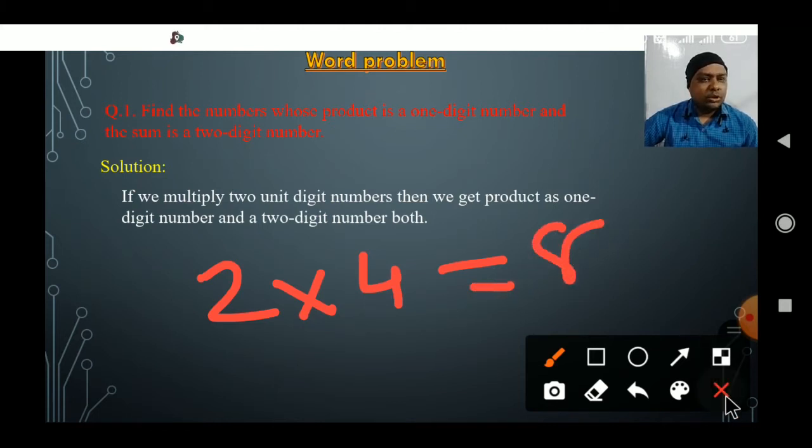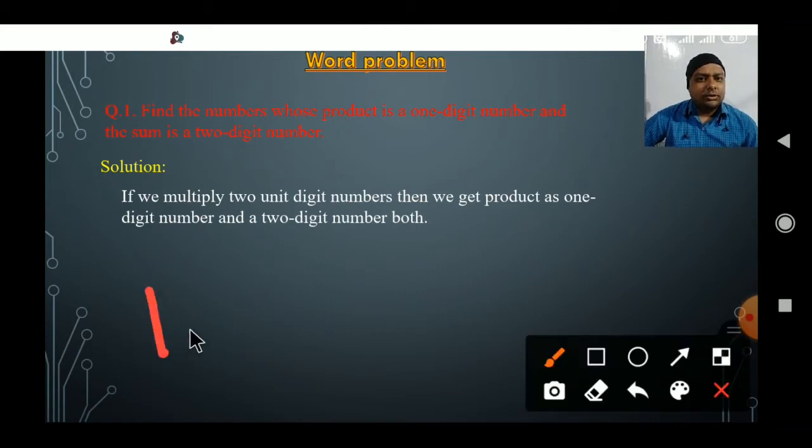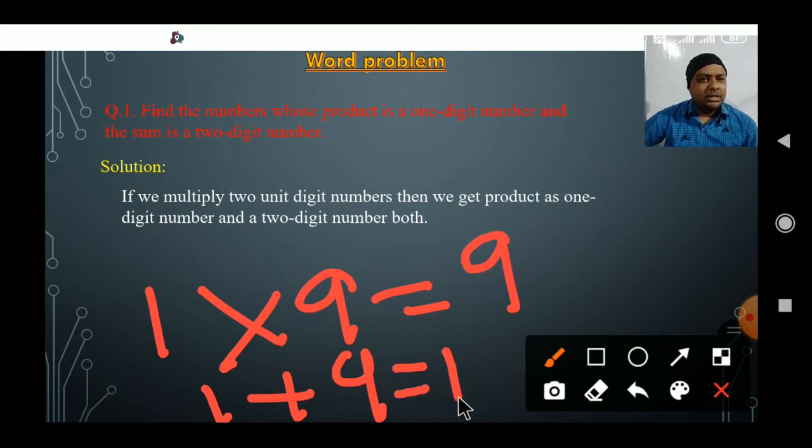Again both are unit digit numbers. So if you take the two numbers as 1 and 9, then 1 into 9 is 9, and 1 plus 9 is equal to 10. That is the only possibility, that their product will be a one digit number and their sum is a two digit number.